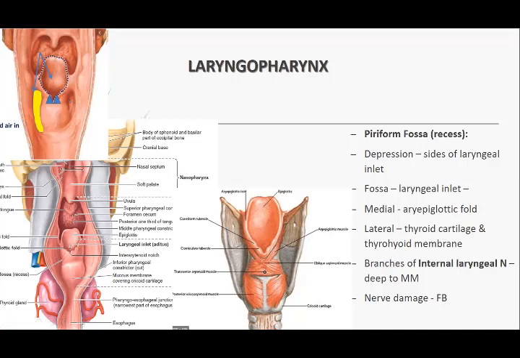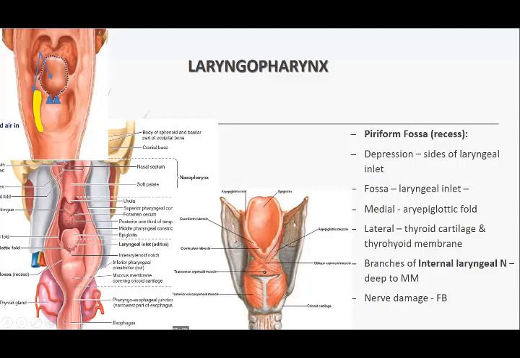Okay, this is the fold, the aryepiglottic fold, which will carry forward to here. Now this is the hyoid bone, and this is the thyroid cartilage. Extending between the hyoid bone and thyroid cartilage is this membrane.